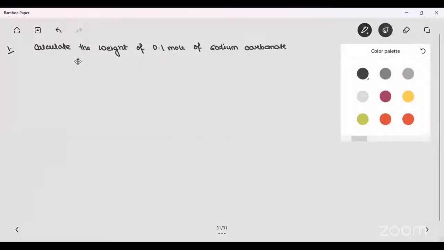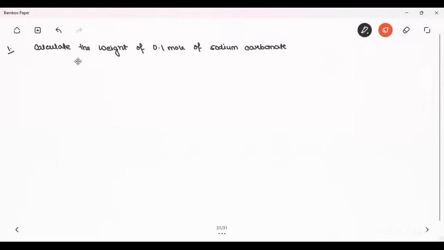Okay, so how to solve this? What is the formula of sodium carbonate? Right? So, number of moles is given weight by gram weight. Right? This is the formula.